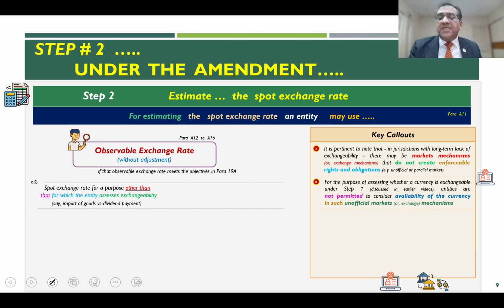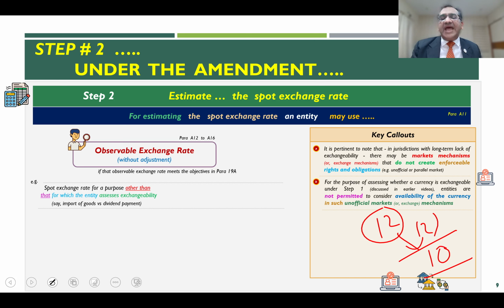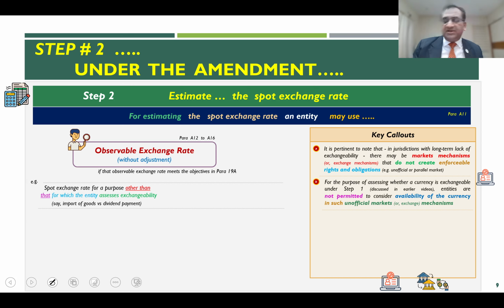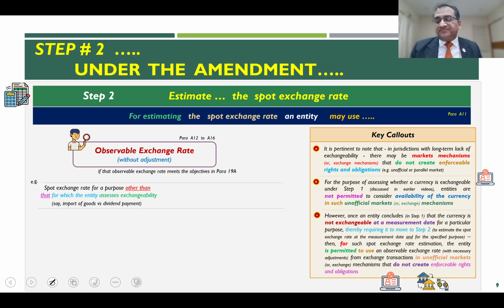Therefore, though you start with 12, you have to make the appropriate adjustment, in our example a 2 rupee reduction, and the estimated spot exchange rate should be restricted to 10 and not 12. That is the way you have to apply the requirements.